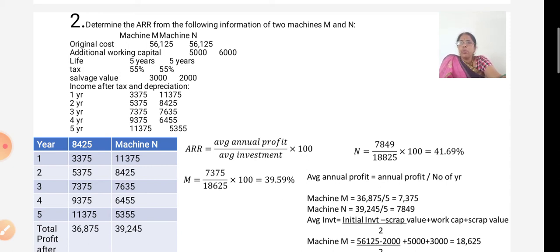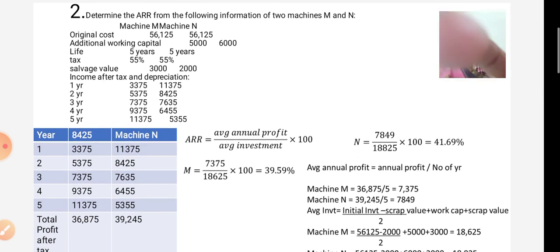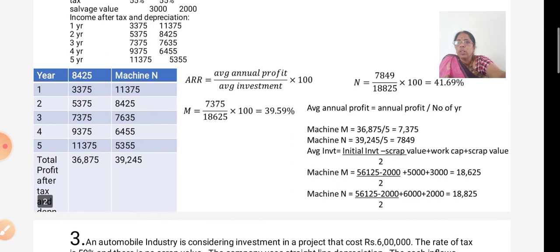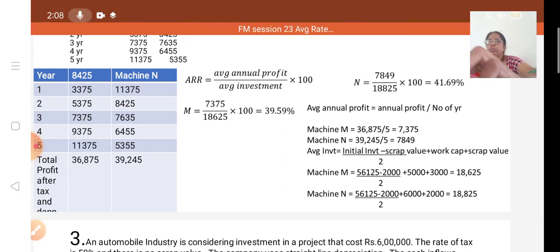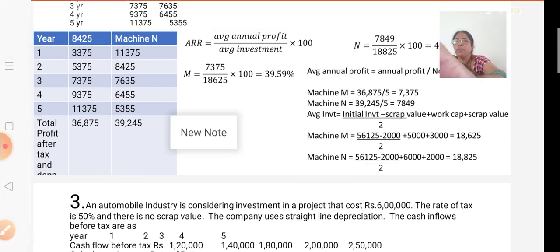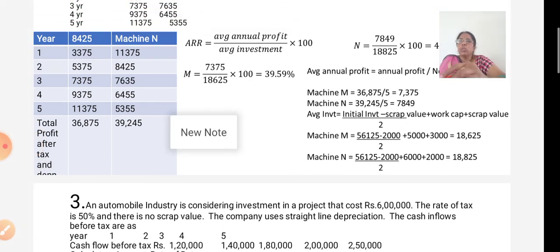Now the total profit after tax for machine M is 36,875, and for machine N it is 39,245. Now we'll calculate the accounting rate of return.